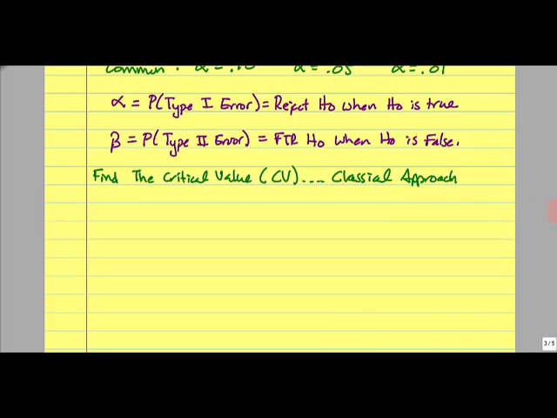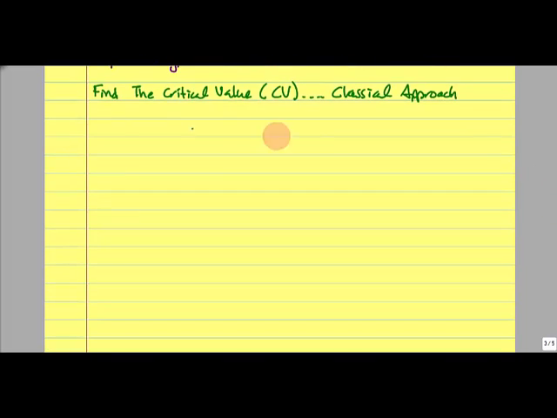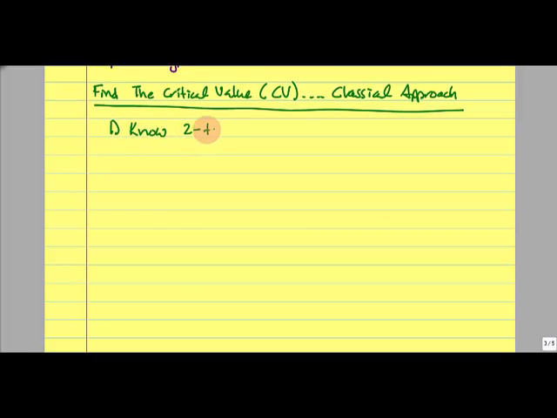When we talk about finding the critical value, we basically need to know a couple of different things. We need to know if this is a two-tail test, left tail test, or right tail test. So we need to know which of these it is. And the second thing we need to know is the level of significance, or alpha.